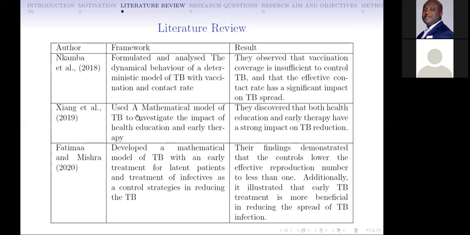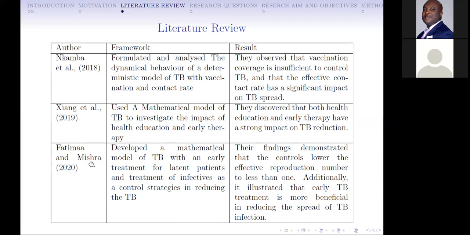Jiang et al. 2019 used a mathematical model of TB to investigate the impact of health education and early therapy. They discovered that both health education and early therapy have a strong impact on TB reduction.